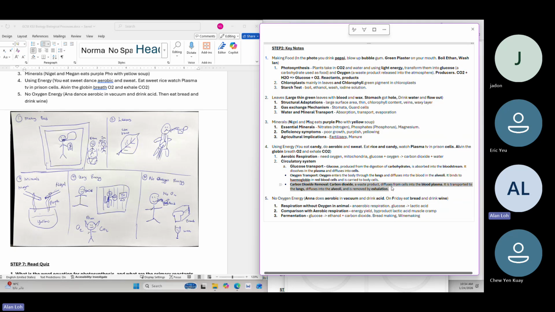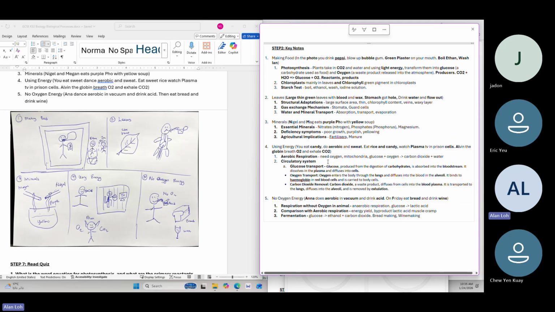It is exactly the opposite way from where the oxygen and glucose came from. The carbon dioxide has to go the same route, passing through the cell, the plasma, and transported into the lung, then back to alveoli, and then exhaled. Just the opposite direction, but the product is carbon dioxide.